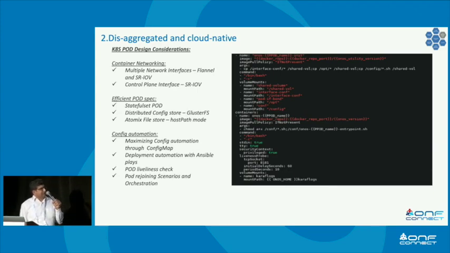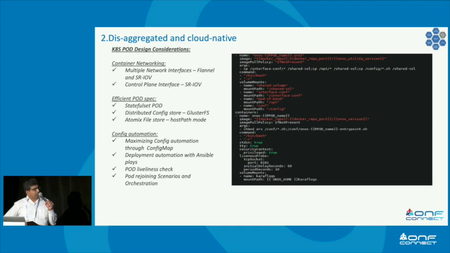A few more aspects. As I said, we use the stateful set pod, and the ordinality in it identifies which ONOS instance it is. It has a fixed IP address, and the entire config information is stored in a cluster FS, so it's available on any of the servers if the pods were to be moved to a different server.